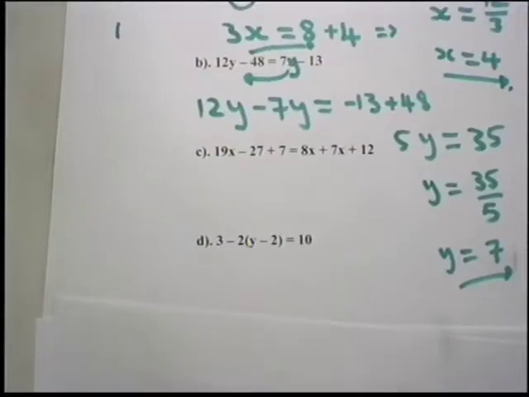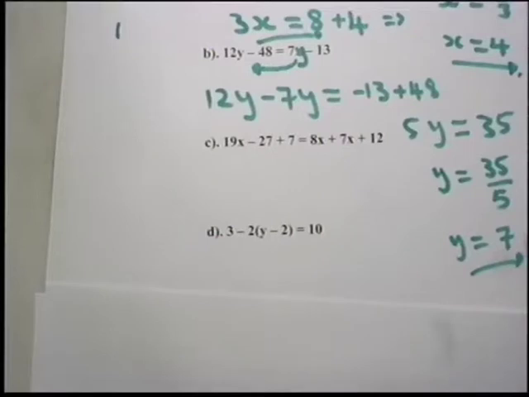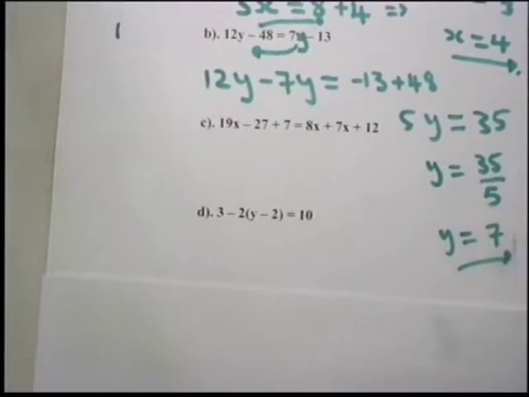And finally, I would also want you to look at D, where we have 3 minus 2 bracket y minus 2 close bracket equal to 10. So it is also another equation that I would want us to solve, because in solving those two equations, we should be able to pick up the skills that we need in order to answer questions that are dealing with the solutions of algebraic equations that are given to us.